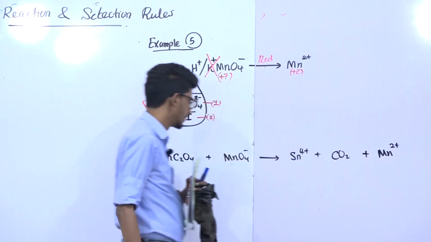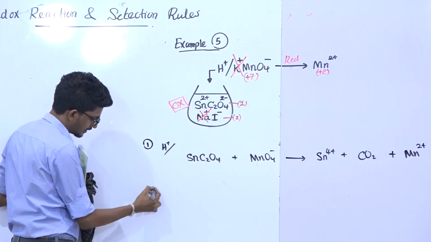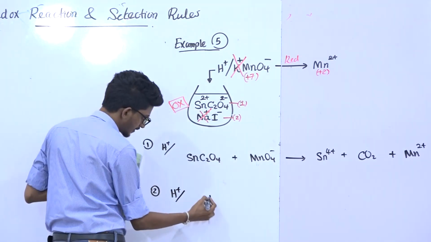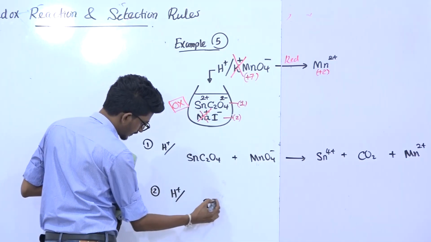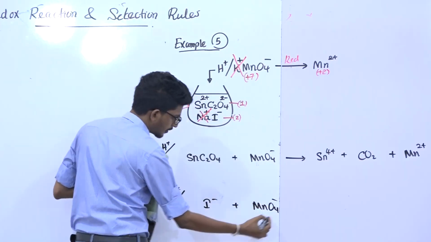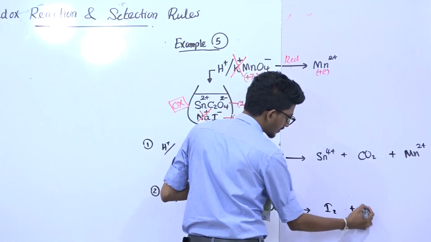That is one equation, the first one. For the second one, that is the acidic medium reaction of I- reacting with MnO4- to produce I2, the X2 form, and Mn2+, right?